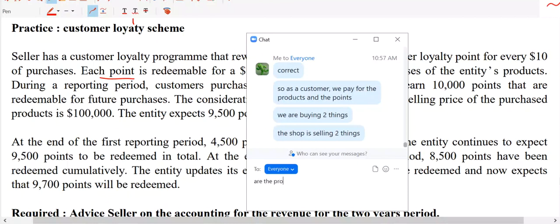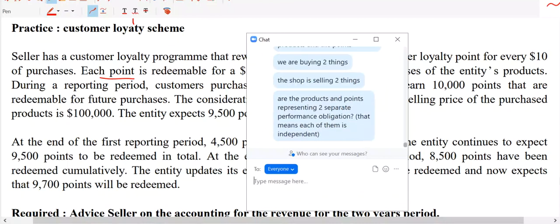Are the product and point representing two separate performance obligations? That means each of them is independent, or the two are combined.